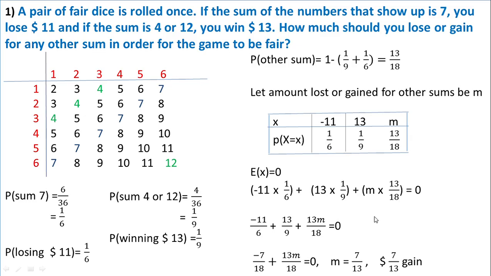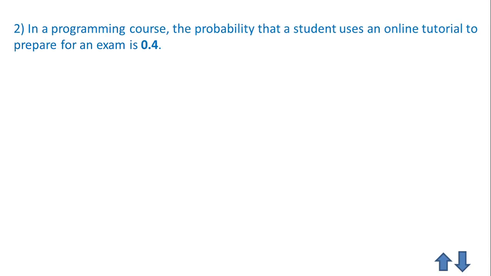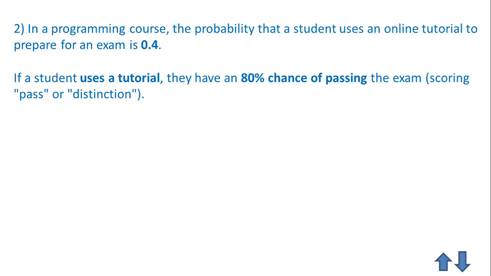Let us venture into the next one. So we have number 2. In a programming course, the probability that a student uses an online tutorial to prepare for an exam is 0.4. If a student uses a tutorial, they have an 80% chance of passing the exam, scoring a pass or a distinction.